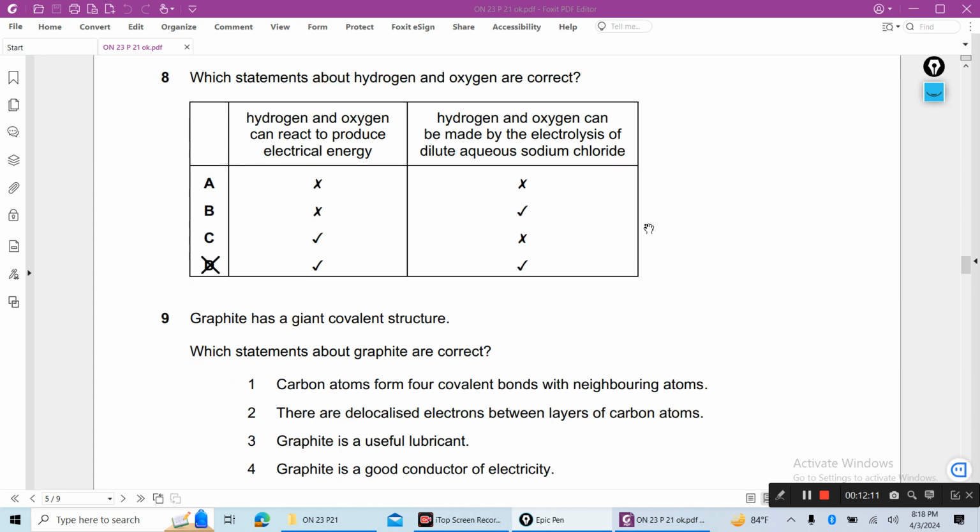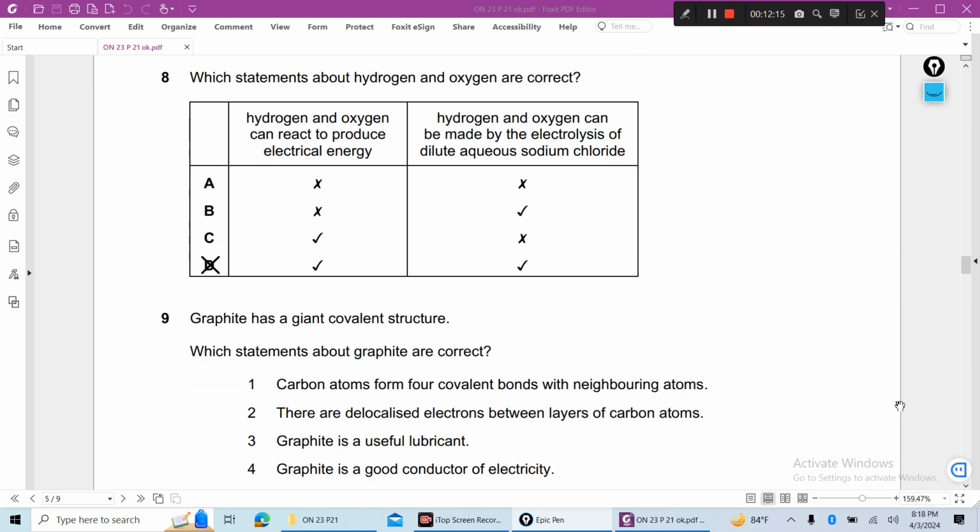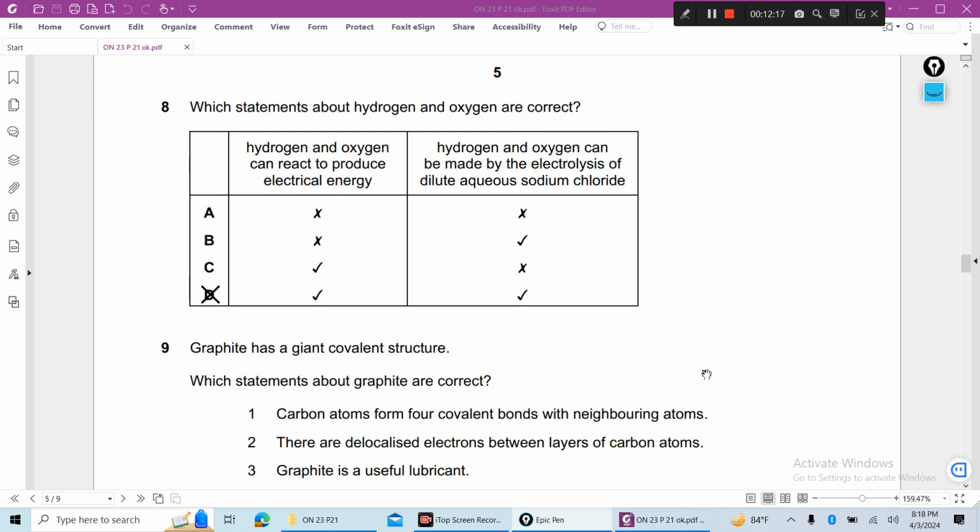Next, eight, which statements about hydrogen and oxygen are correct? D is the correct answer. Why?